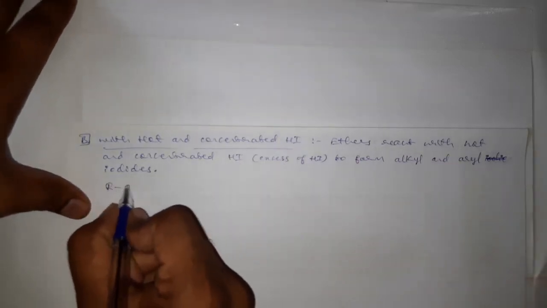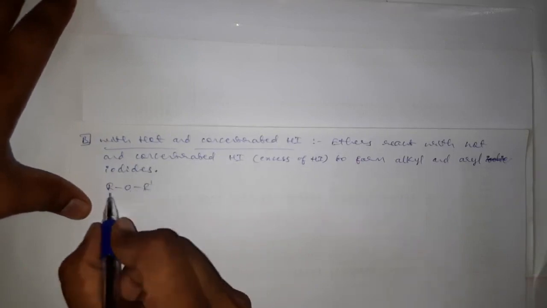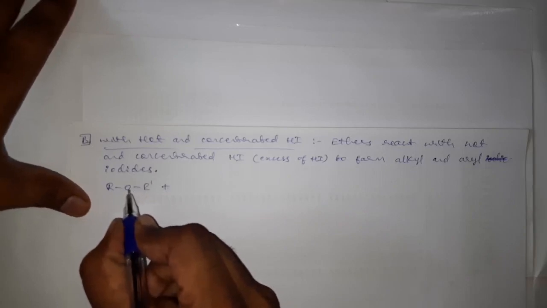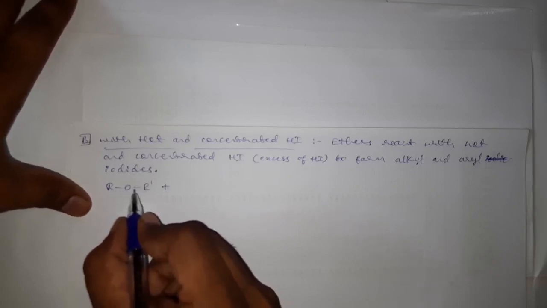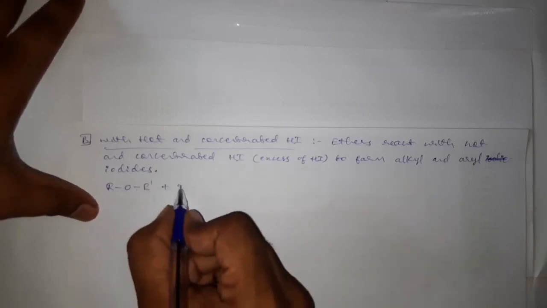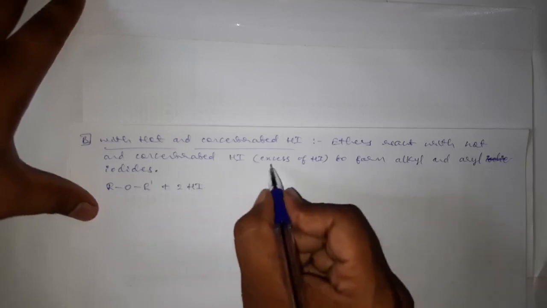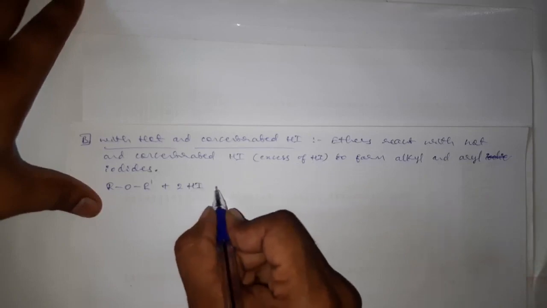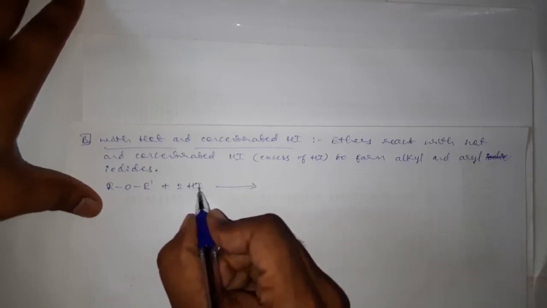See the general reaction, ROR'. Here R and R' may be same or different. If these two are same, this is a symmetrical ether. If these two are different, it is an unsymmetrical ether. As we are using excess hydroiodic acid, here we can write 2 moles of hydroiodic acid.